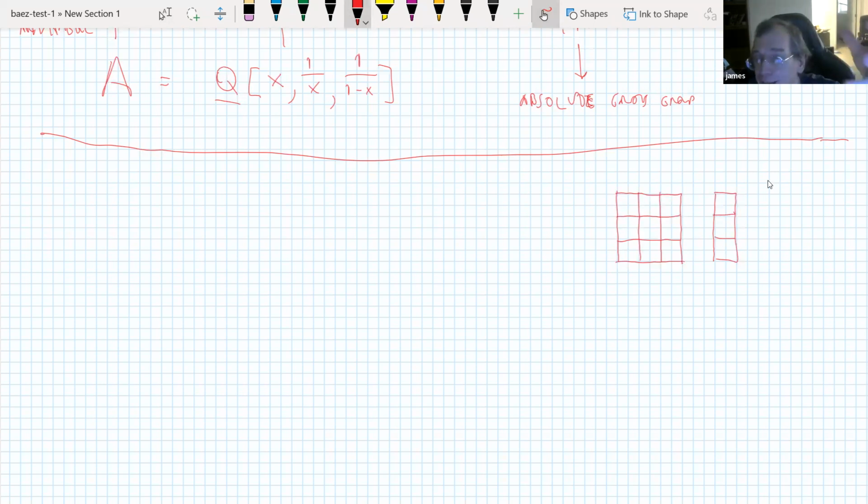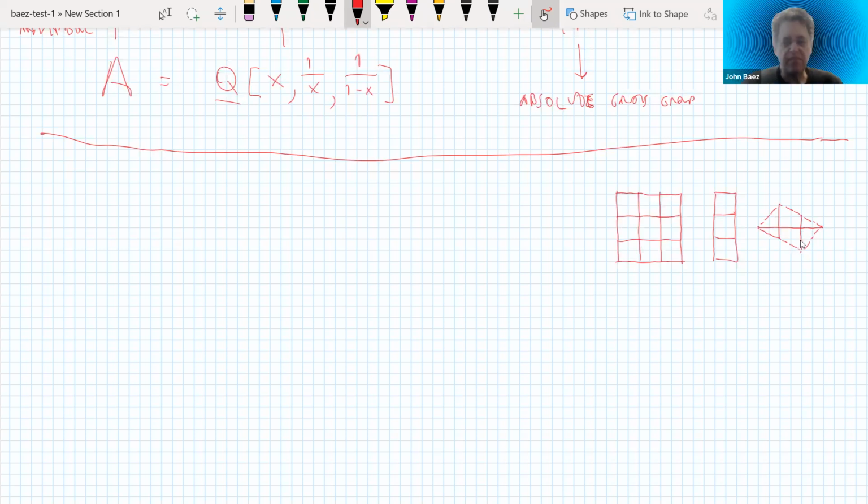I'm using some drawing style here, I don't remember what drawing style it is, but one looks like that, and the other one looks like this. They're not strictly isomorphic, but they are in the same orbit under the Grothendieck-Teichmüller group, under the Belyi action. So yeah, those are the two right there.